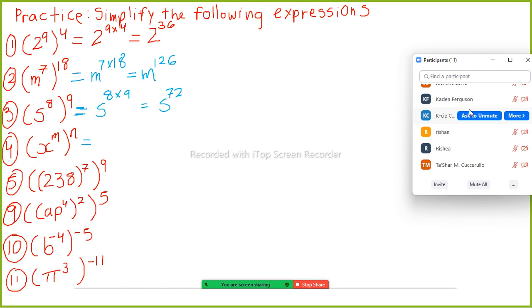We're not hearing from Caden, so we're going to go to Jasmine Low. What did she get for number 4? Alright, give it a try. I know it's a funny one.